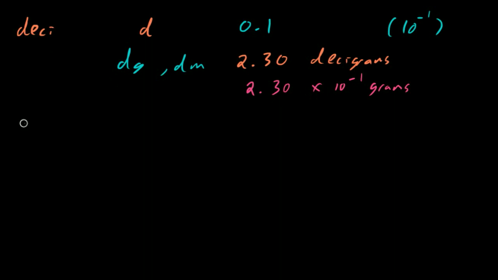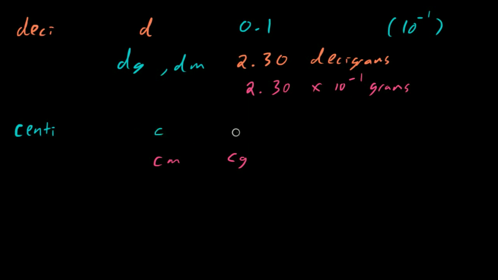The next one, and maybe you've heard this before, is centi. If you have a centimeter, you would write it as cm. If you have maybe a centigram, which you probably haven't heard of, that would be cg. Our symbol for this is a lowercase c. That might look too much like an uppercase C, so let me erase that and write a lowercase c.